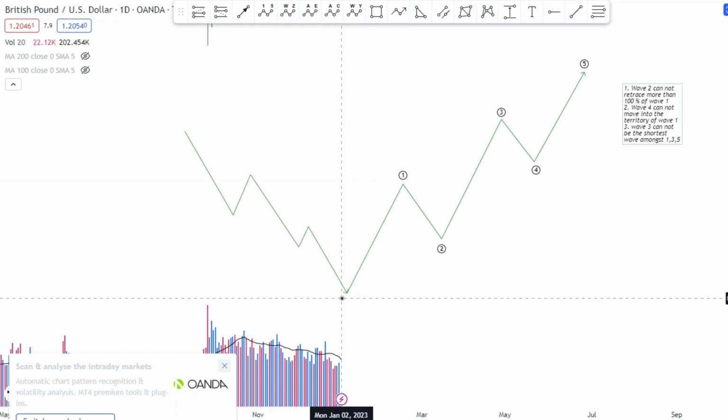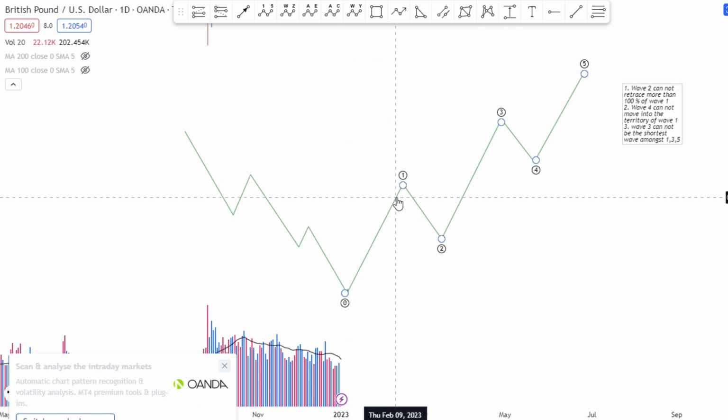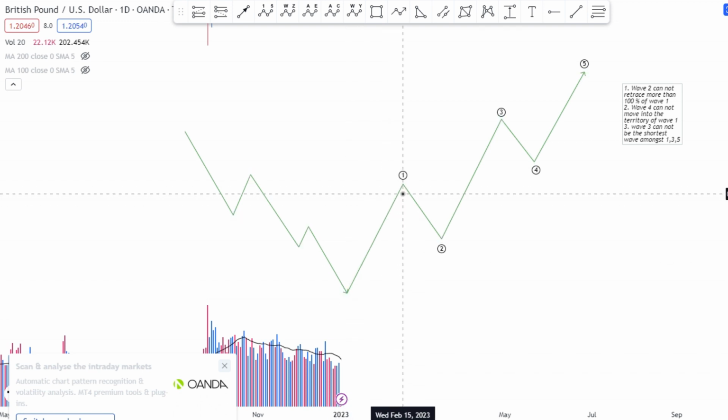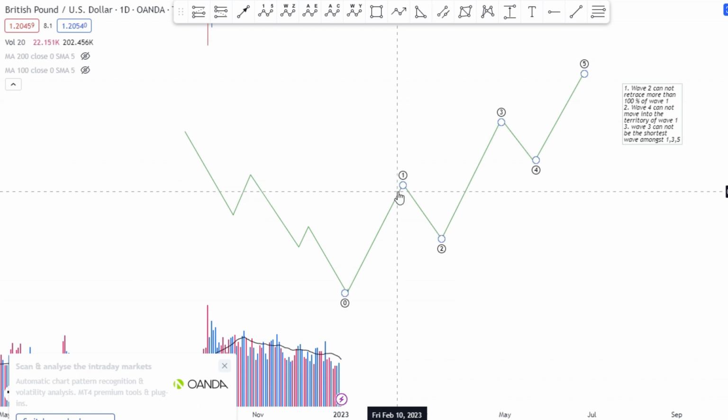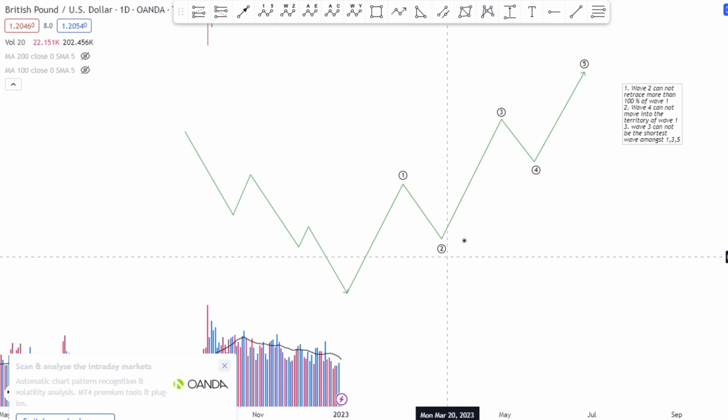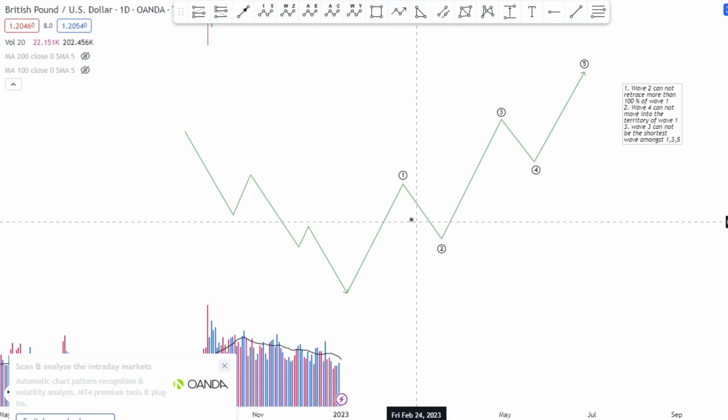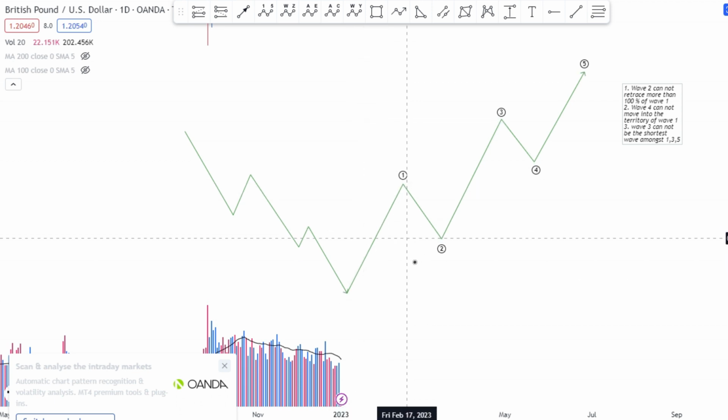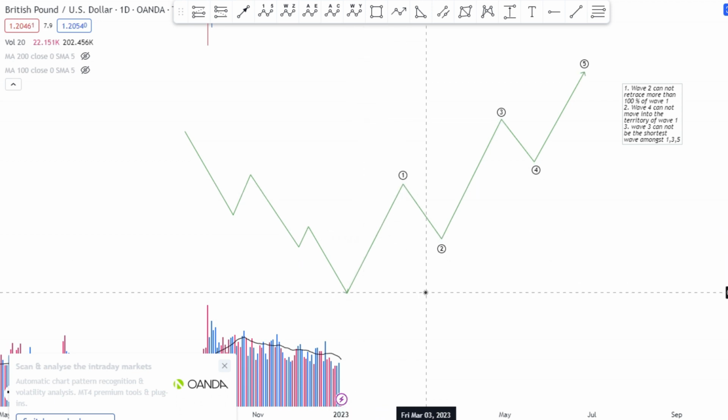So most traders will begin to short this trade from this point. They will short, but then they will be stopped out when this wave does not turn out to be a retracement, but rather the beginning of a new wave.